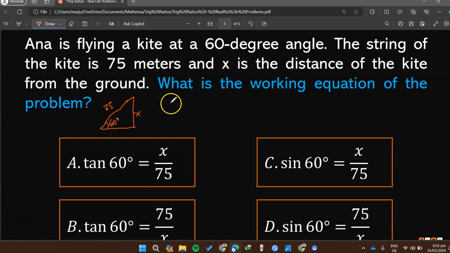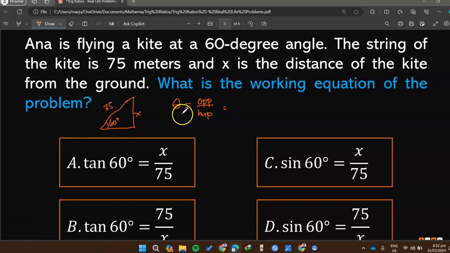We have here theta, or the angle, and then the ratio will be the opposite over the hypotenuse, which is 75.